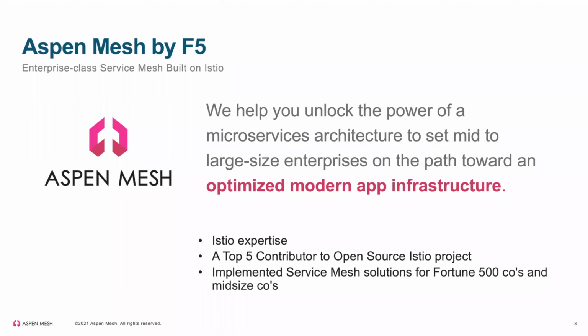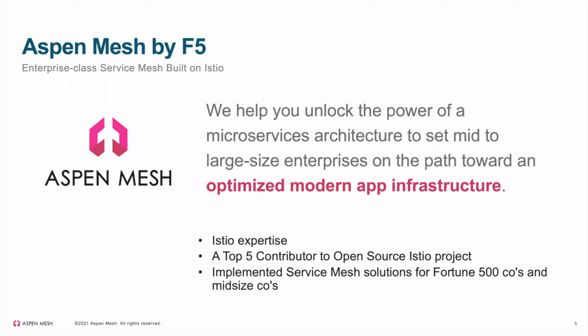So first, who's Aspen Mesh? Aspen Mesh is an incubator at F5, and we were really built to bring enterprise-class Istio to the market. We saw that service mesh was a growing market, and Istio is by far the most adopted service mesh out there. We wanted to make sure that customers could operate at scale with Istio.